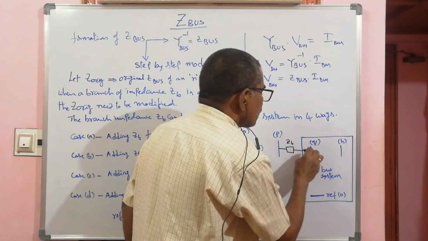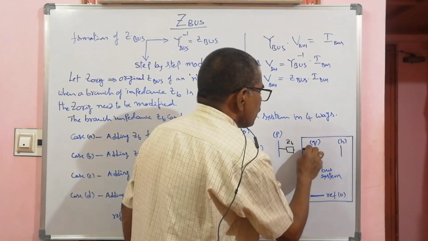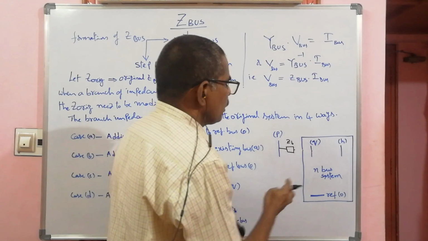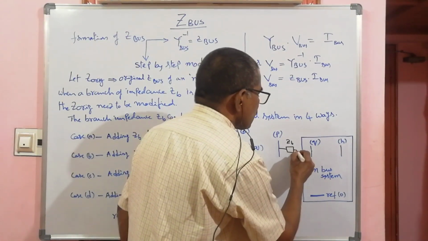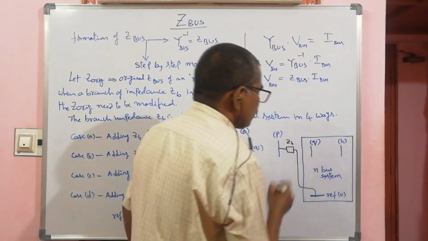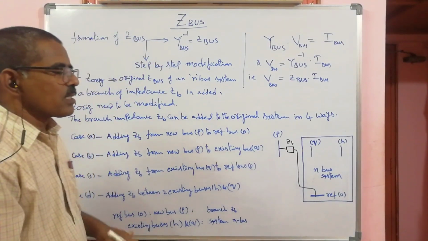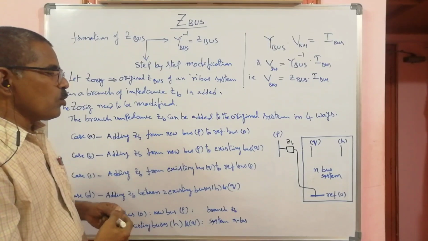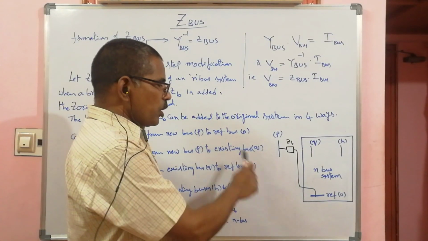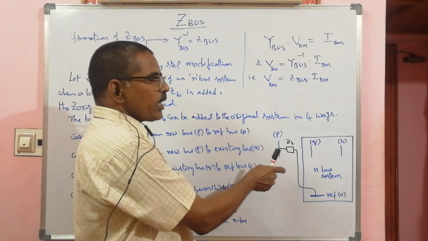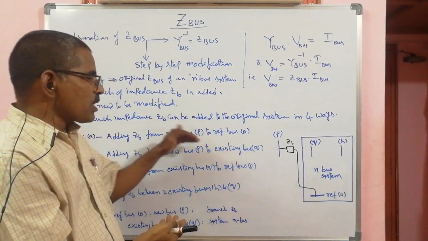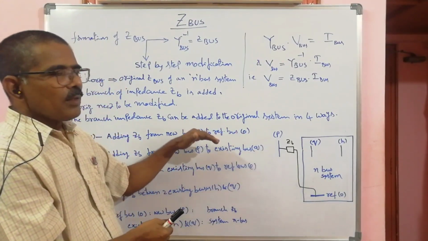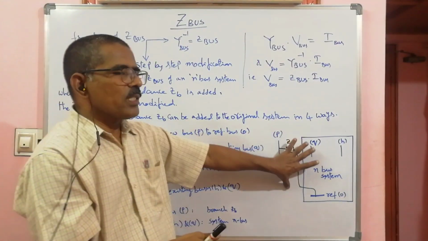Where is the reference? Reference is this. That is the first case, adding ZB from new bus P to reference bus. So you need to visualize what you are doing. The first case is this. You draw the figure corresponding to case A.